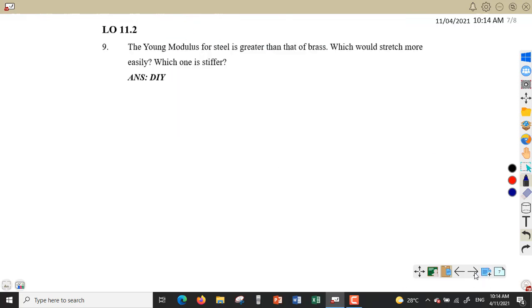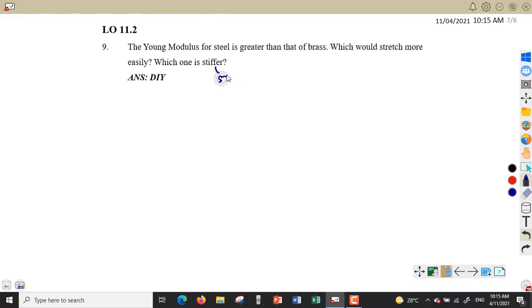Question 9, we have Young modulus. We are given that the Young modulus of steel is greater than that of brass. So which would stretch more easily and which one is stiffer? The question asks which material will stretch more easily, and which one will be stiffer.